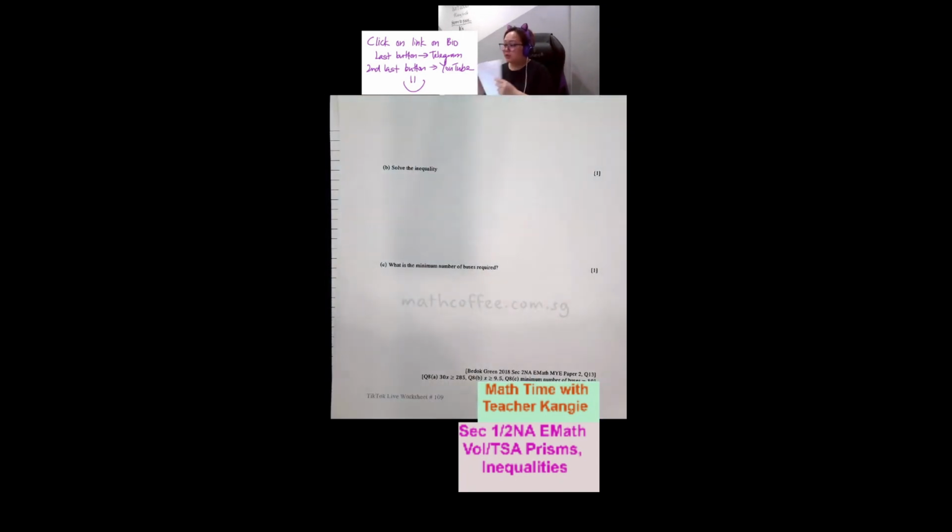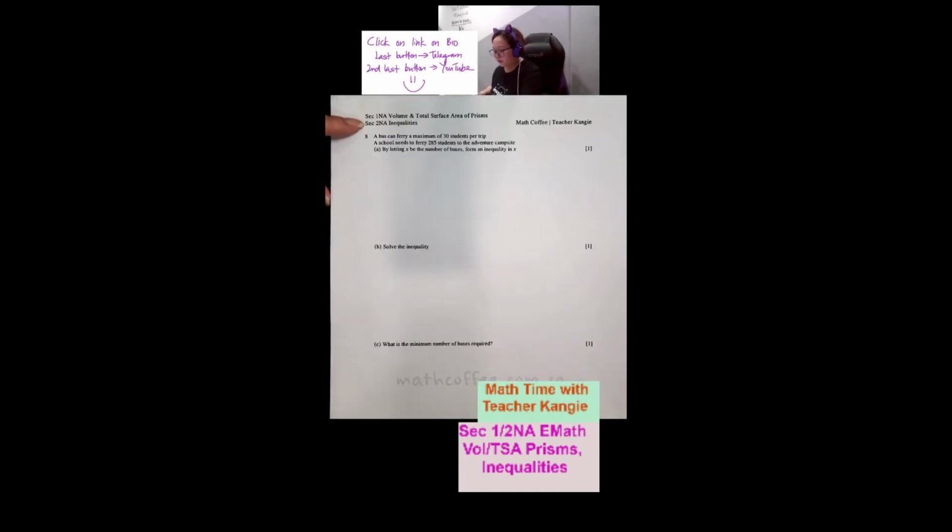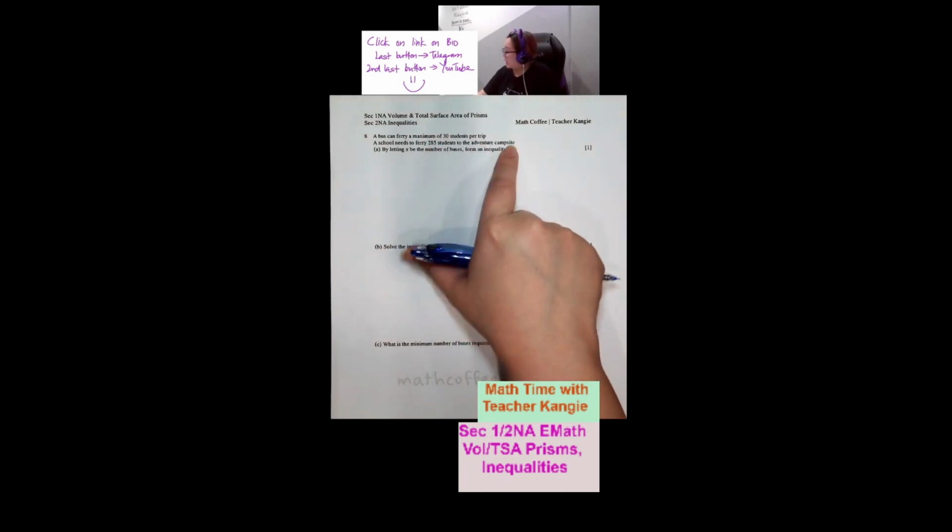Okay, let's move on to the last question. So this is a problem sum relating to inequality. You need to form your own inequality. A bus can ferry a maximum of 30 students per trip. A school needs to ferry 285 students to the adventure campsite.